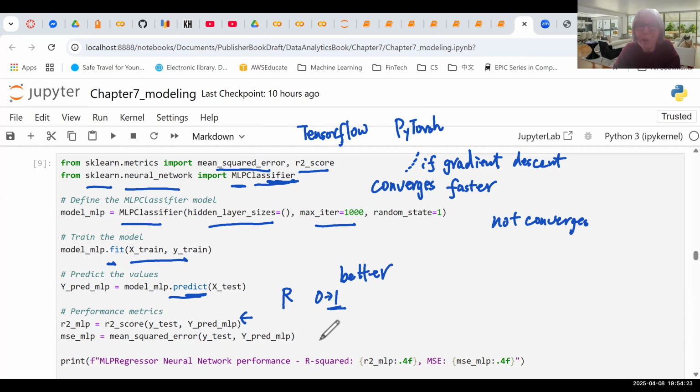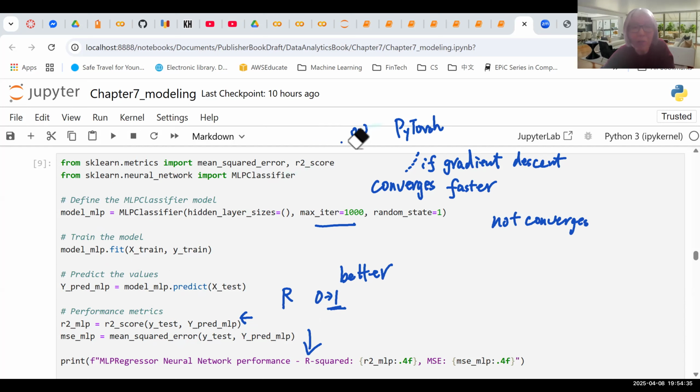For the mean square error, we want it to be lower. The lower, the better. After you have the result, you can collect the performance metrics.